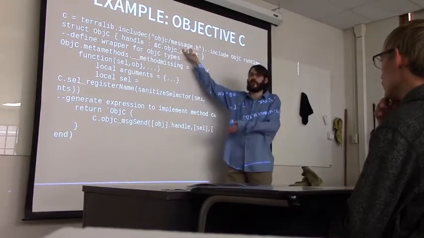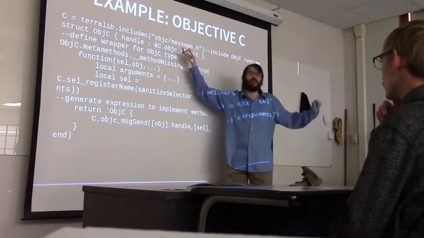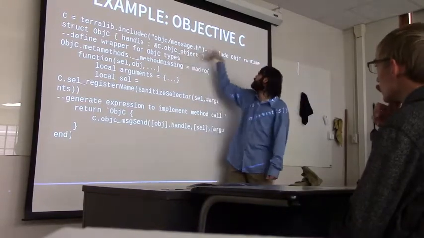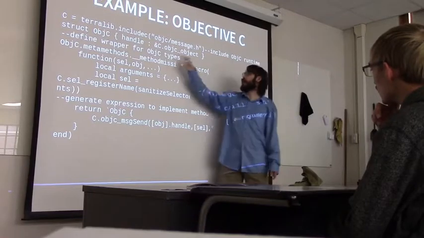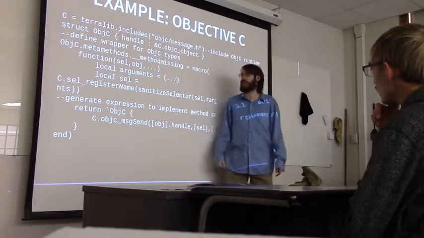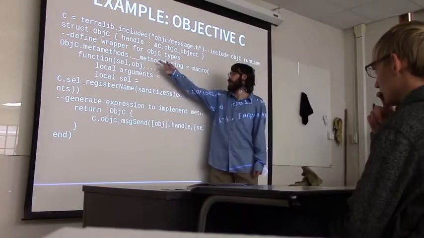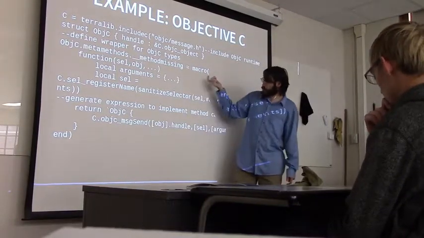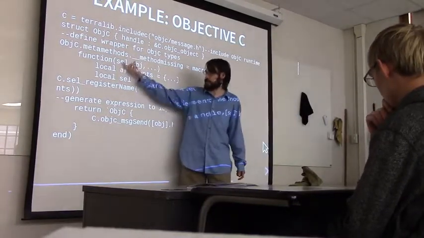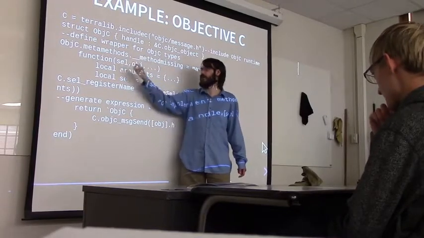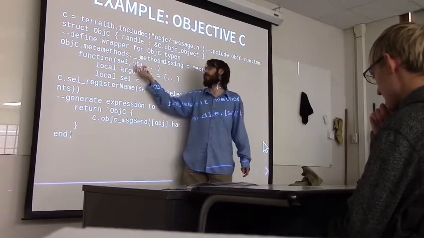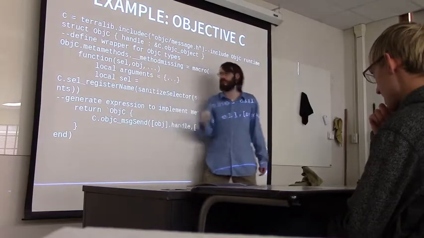You can directly include any C library or header in Terra. For the Objective-C message stuff, create a pointer to an Objective-C object handle, and then put a meta method on it that is a macro for when you call it with a particular method name, the object that you're calling it on, and a list of parameters.